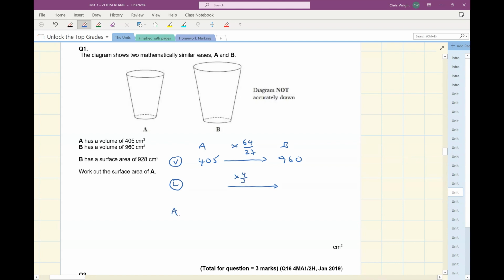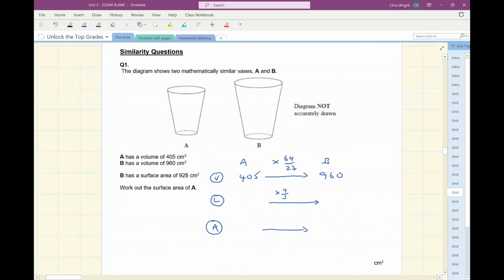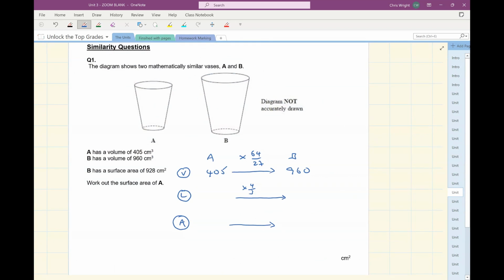So now I know the area scale factor, which is the square of the linear scale factor, the square of 4 over 3. So that's going to be 16 over 9. Now let's have a look at the question. B has a surface area of 928.